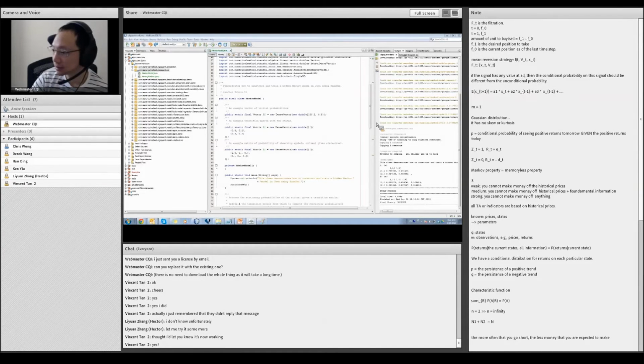Try to create some very weird transition probabilities like zero, for example. Or you can have a sink state: once you get in, you cannot get out, or something like that. So try to use some imagination. We talked about last time, creativity is very important in quant trading. Imagination is also very important. So try to use your imagination to create some very strange Markov chains to see how the estimation procedure behaves. Okay.